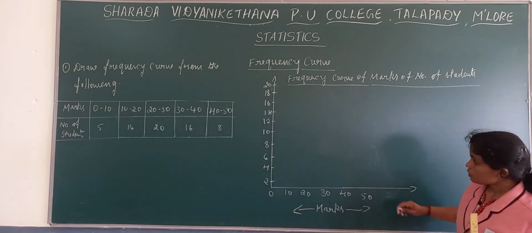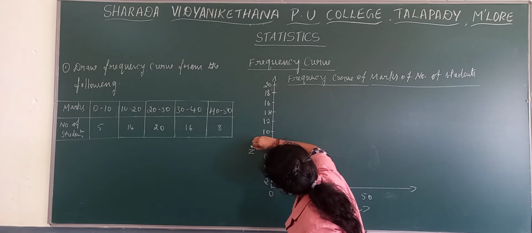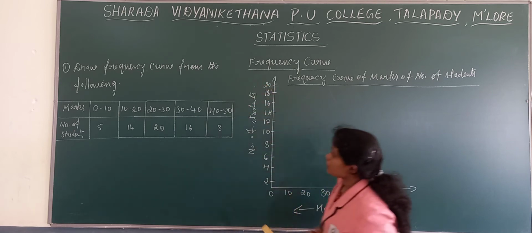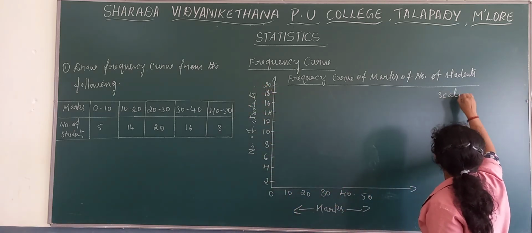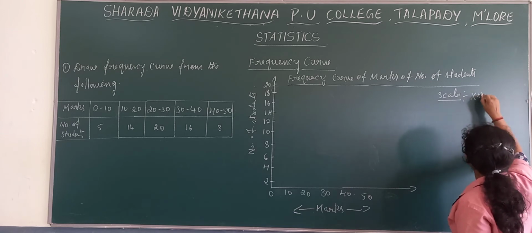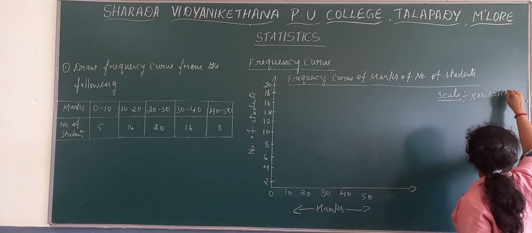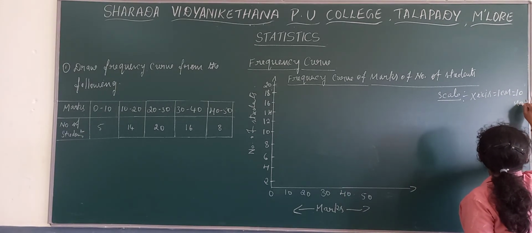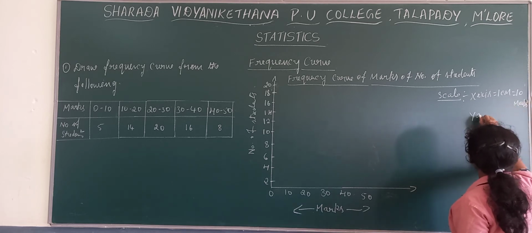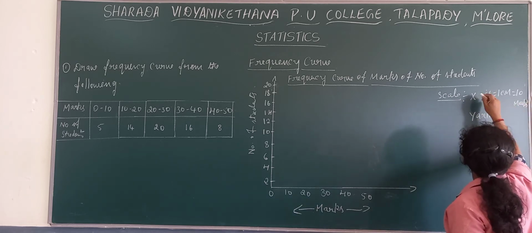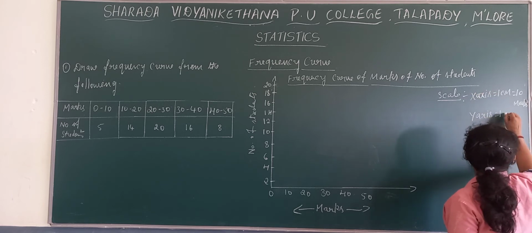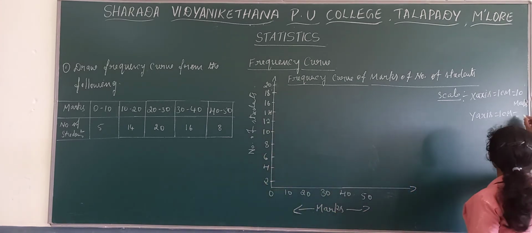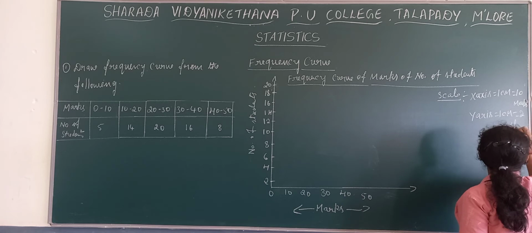Now write the number of students. Write the scale there. Scale: x-axis is equal to 1 centimeter. What is the gap? Gap is 10 marks. Next, y-axis is equal to 1 centimeter, representing the number of students. What is the gap? 2 students.